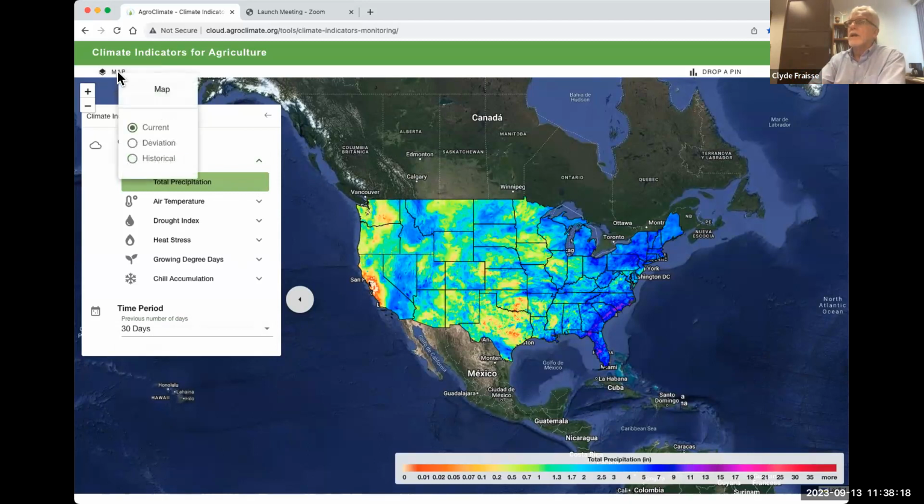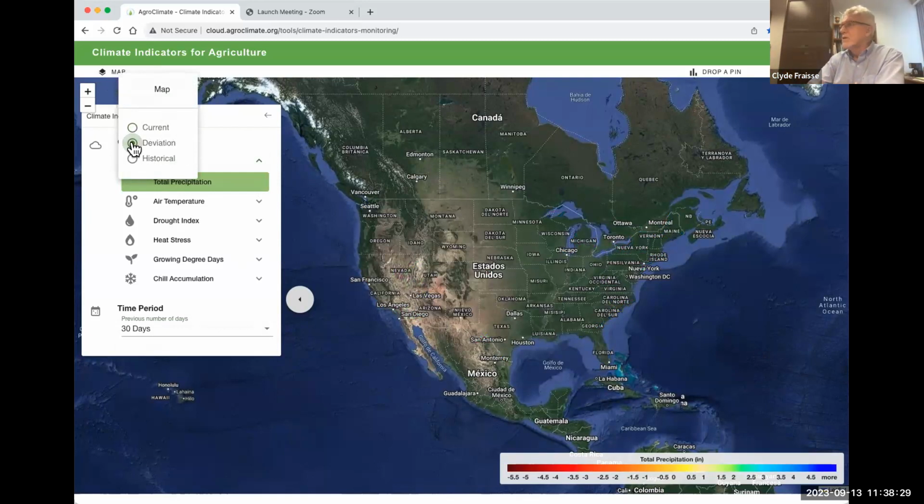You can also look at the current observations or the deviation of these observations. So if I want to see where it rained more or less than the expected normal for this particular time period, which was the last 30 days, you can click on this option, and eventually it will display the difference in terms of rainfall observations.